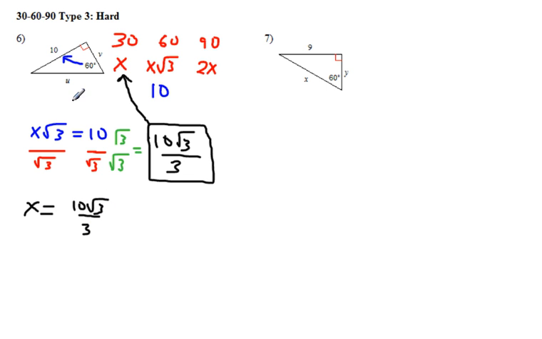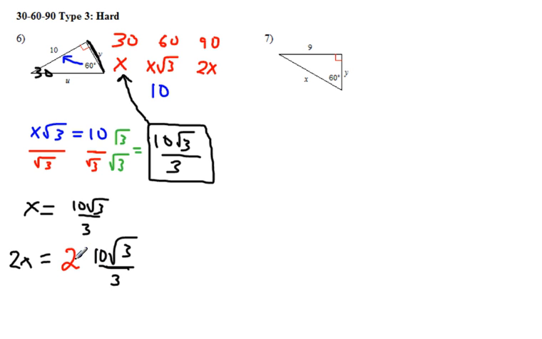Where would it go in the triangle? In this case, it would go across from the 30. That would be our letter V. In this case, it would be right here. I don't have space, so I would write it on my triangle. But then what goes across my 90? I have to double this number. How do we do that? We have to double 2 times 10 root 3 over 3. People will ask, well, what are you supposed to multiply here? Am I supposed to multiply the 3, this 3, that 10?